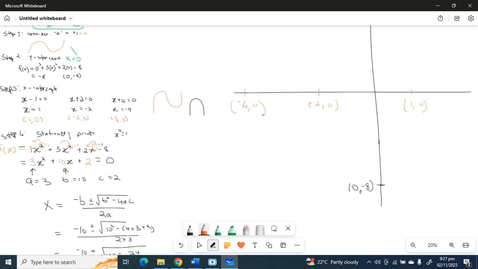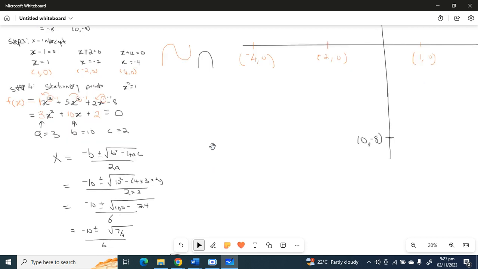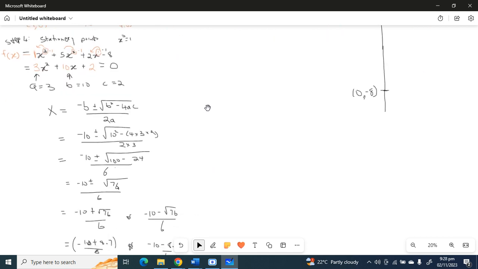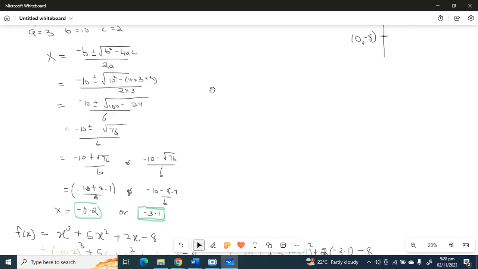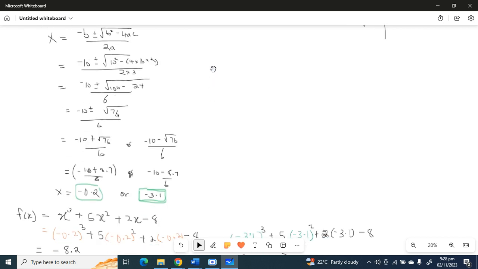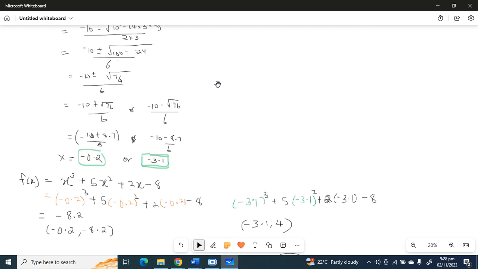Next, we get our stationary points. Down -0.2, -8.2, and we have what's the other one? -3.1 and 4.